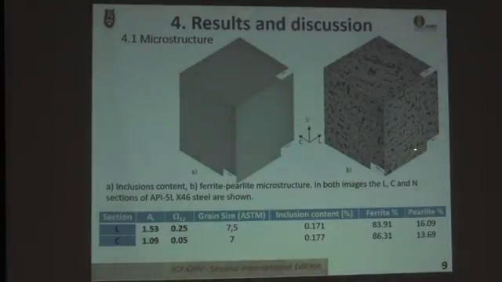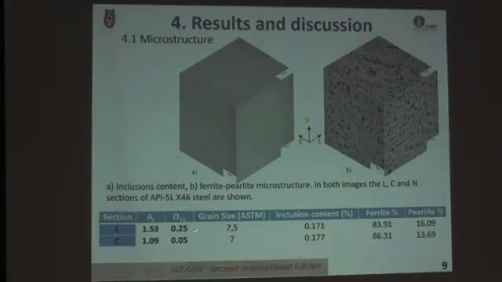Those are our results. As you can see, the grain size and the inclusion content and phase are very close for the longitudinal direction and circumferential direction.